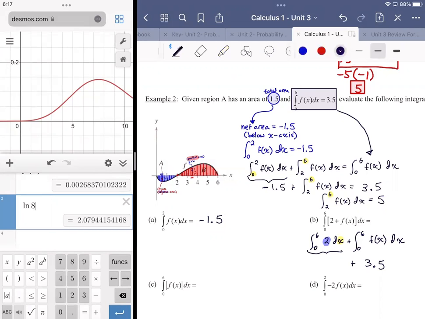So I'm looking for the area between f of x equals 2 and the x-axis over the interval of 0 to 6. So from x equals 0 to x equals 6. I mean, that's what that notation is telling us.